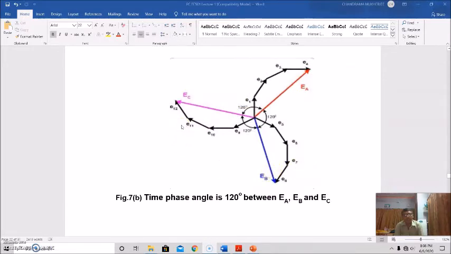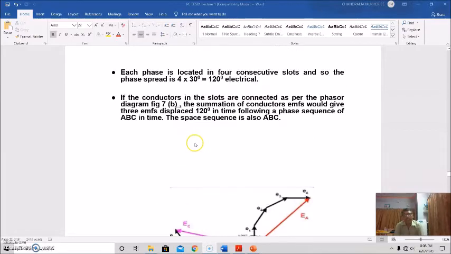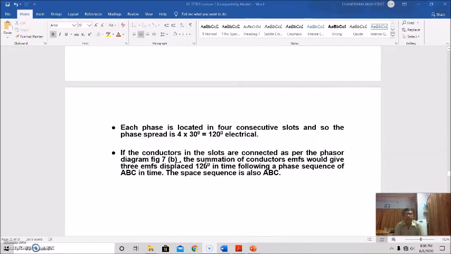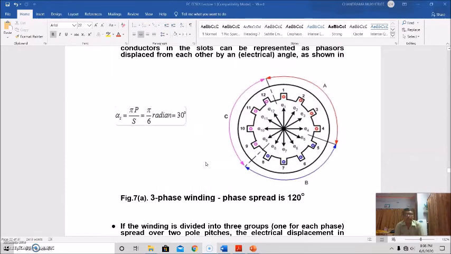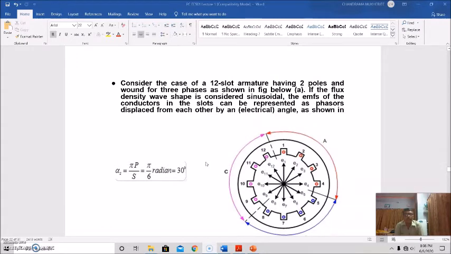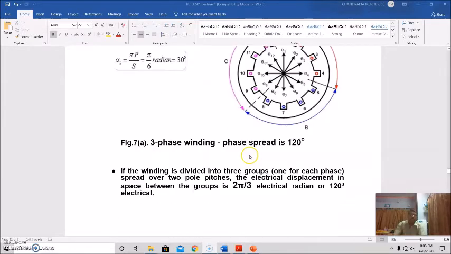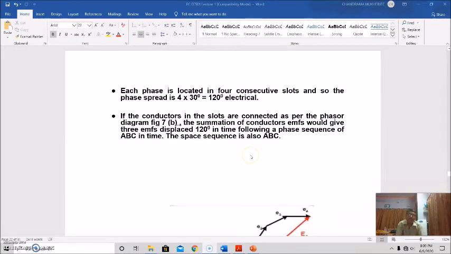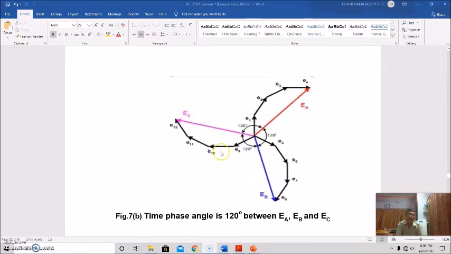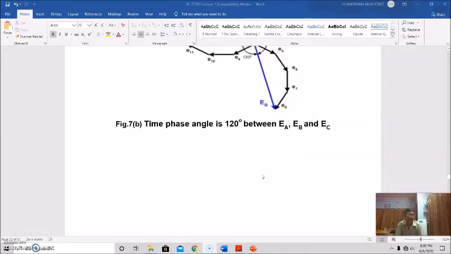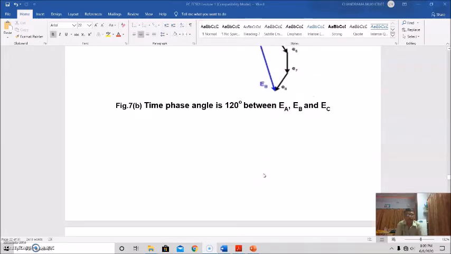So with this example of a 12 slot, 2 pole, 3 phase machine, this is the phase spread, and this is the time phase angle between the 3 phase EMFs.